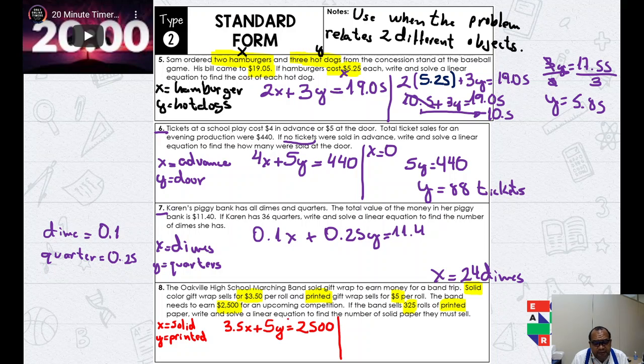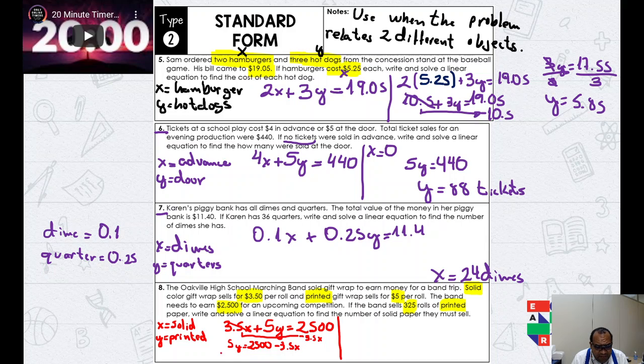Great. If you want, you can isolate it. You can move x to the other side by negative 3.5x. It is 5y equals, don't have x anymore, 2,500 minus 3.5x.